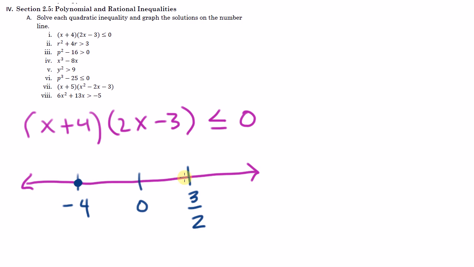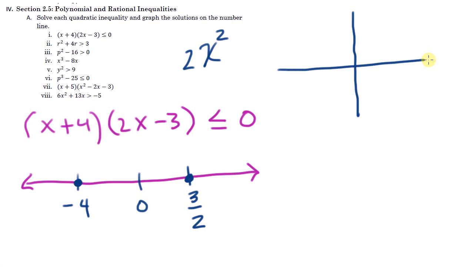So there are our zeros, and because this is parabolic, if I factored all of this out, I would get some trinomial. The first term is going to be 2x squared, so I know that it's going to open upward. Let me draw a little graph here.